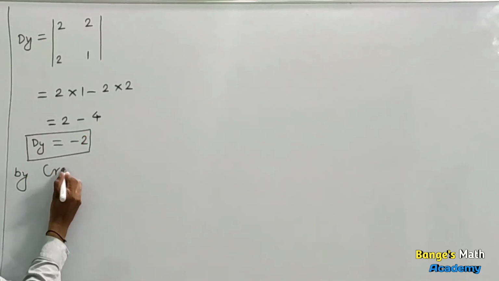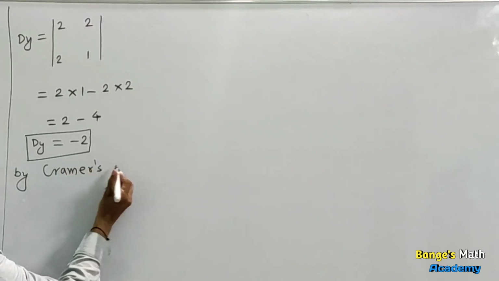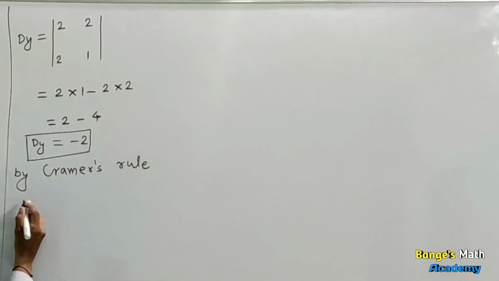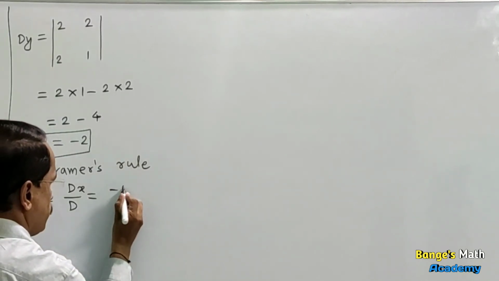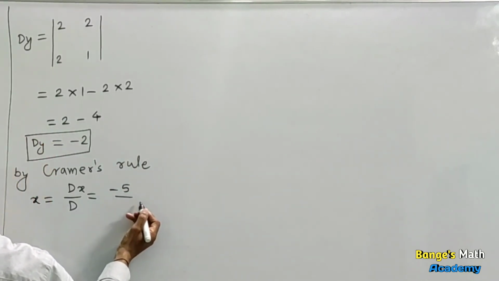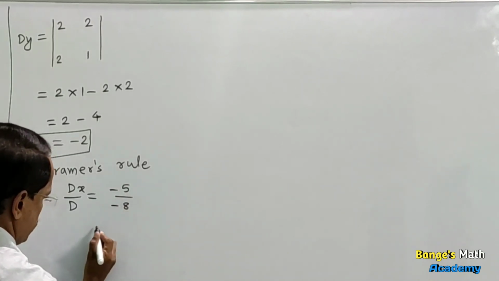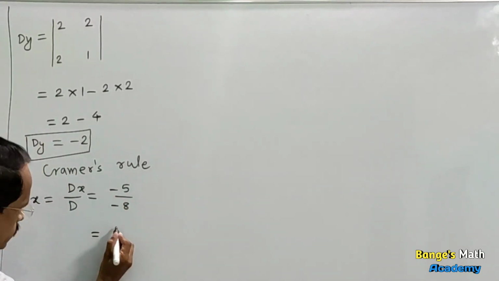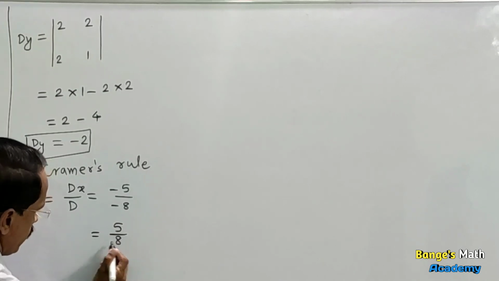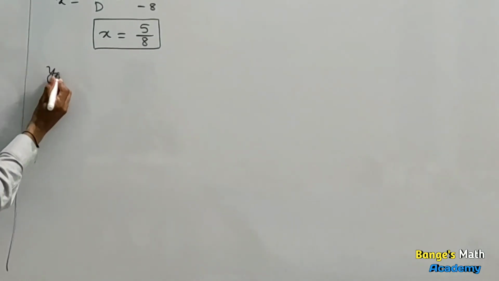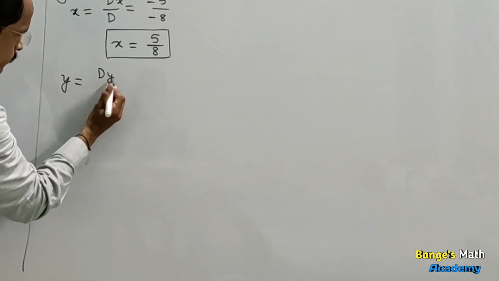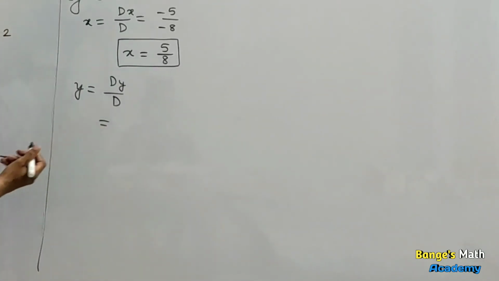Then by Cramer's rule, x is equal to dx upon d, is equal to dx minus 5 upon d minus 8. If we simplify this, we get 5 upon 8. Then y is equal to dy upon d.